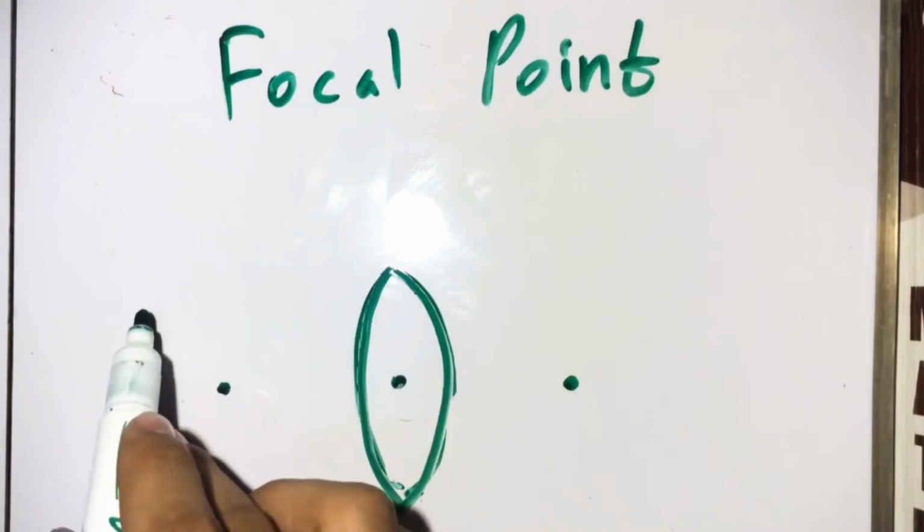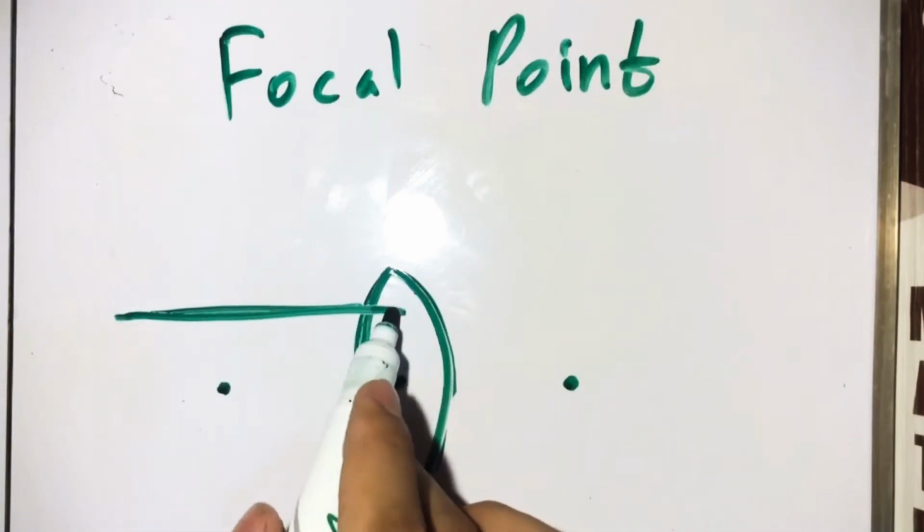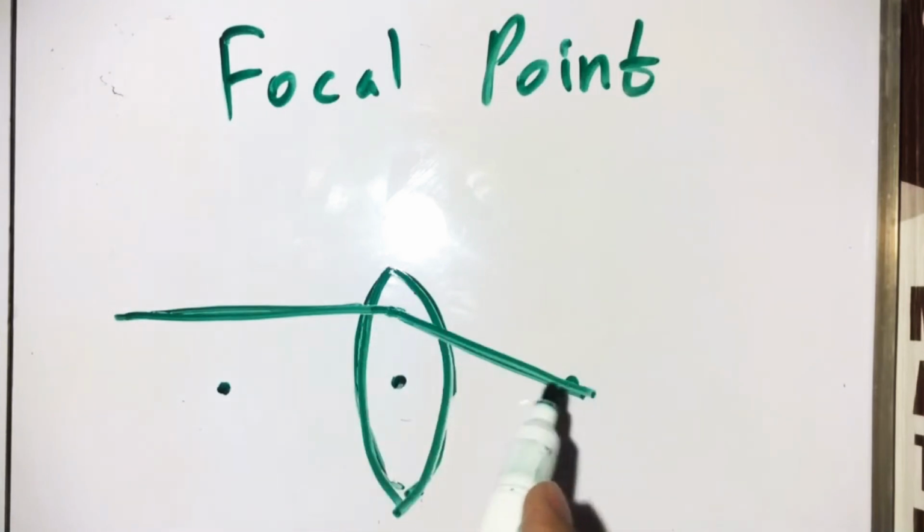So now if a ray passes through the lens, it will converge towards the focal point.